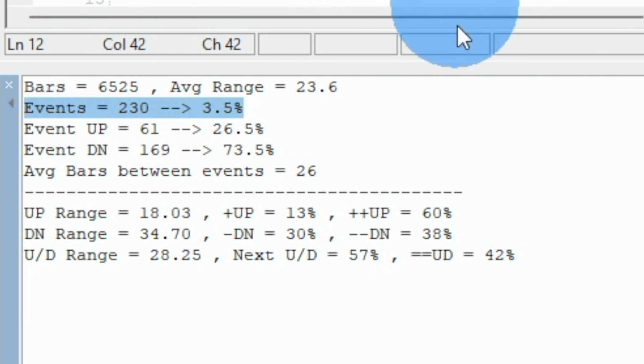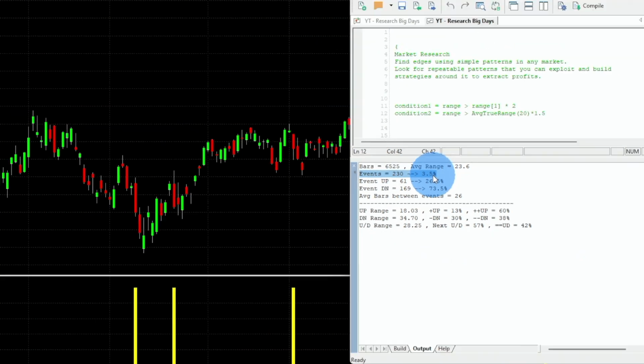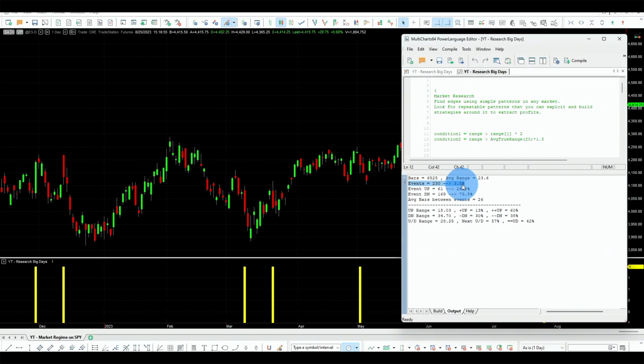Plotting this definition will give us 230 occurrences that happened in the past 25 years. That comes to 3.5% of all the days. So this is less than once a month. Once a month is about 5.5%.